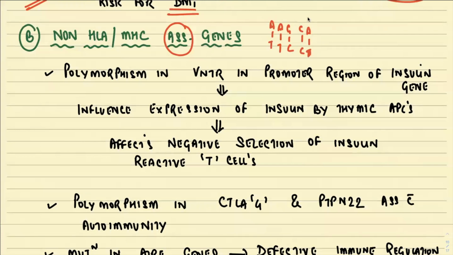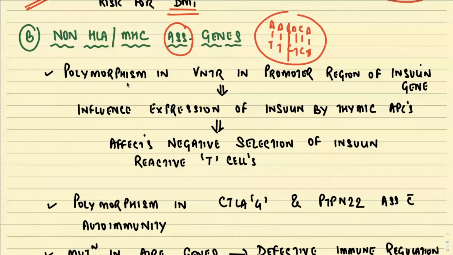All of us have this as a normal base pair. But in some individuals this GC will not be there, instead AT will be there. Okay, this is called a polymorphism. When you have subtle changes in the entire base pair sequence, that is called polymorphisms or changes.